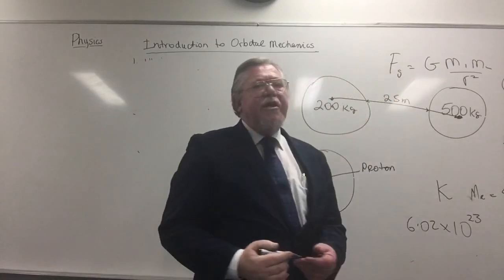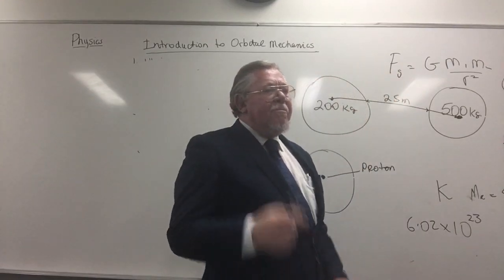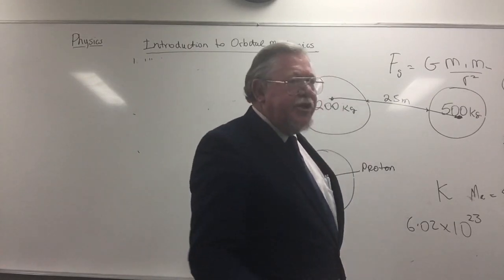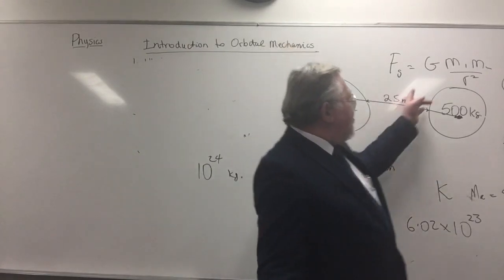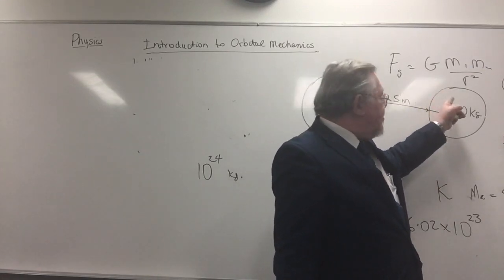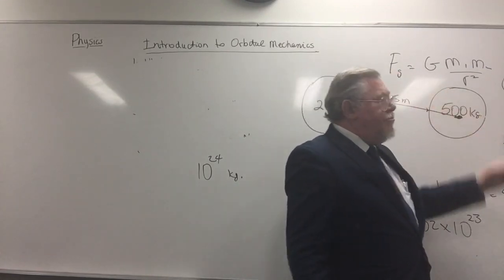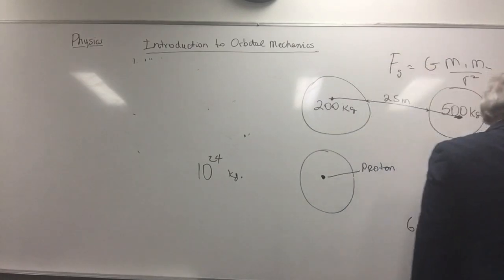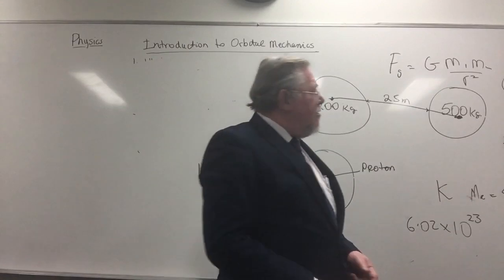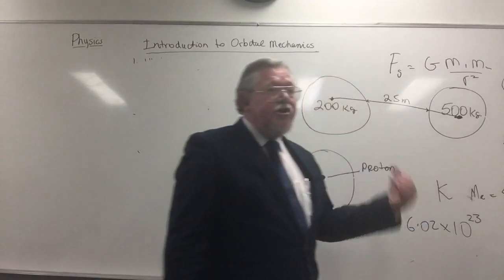Now I want you to think about this formula. One of the things I want you to do, not just to answer this question, is look at this formula and come back to me with the units for newtons. We reduce that force down to newtons.